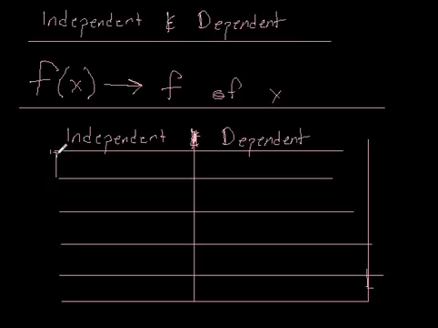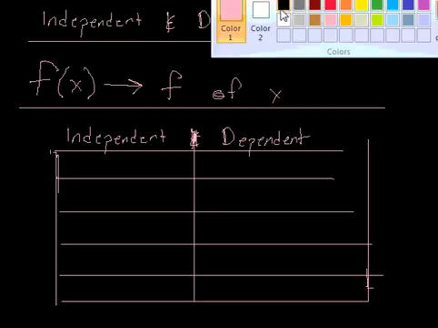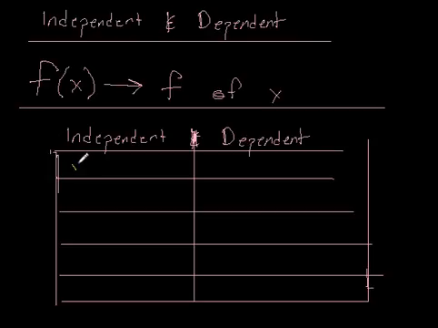Now, the main take-home message here is that independent and dependent variables, well, the dependent variable depends on the independent variable. But other terms that are used to describe independent variable and dependent variable are the x value and the y value.